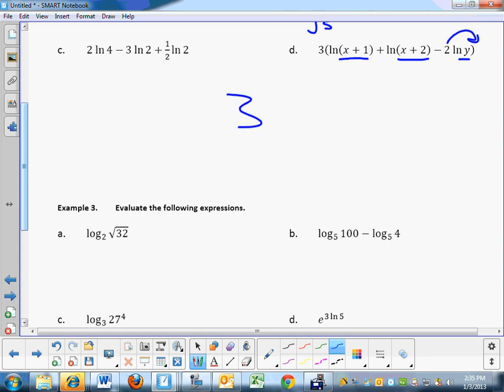So we have the 3 on the outside times the natural log of, what's x plus 1 times x plus 2? x squared plus 3x plus 2 over y squared. Right? Questions how I got that? I skipped a couple steps. I multiply these two because there's plus, and I divide by this. And this is y squared because you have to move the 2 up to the exponent.